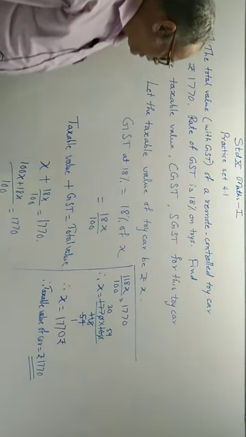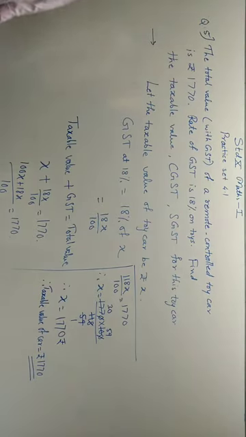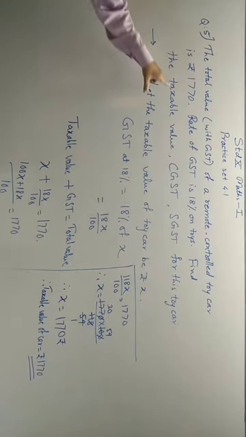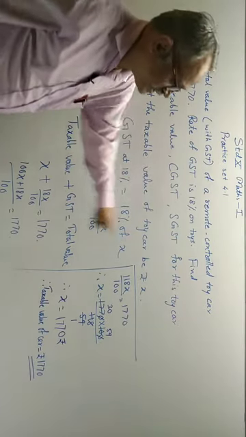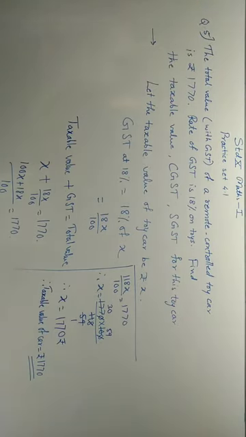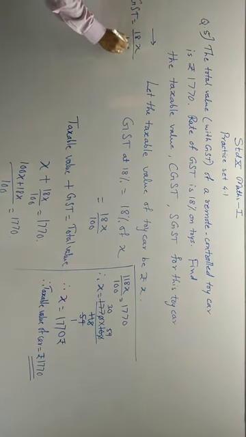Answer is not yet over. We have obtained one answer. Now CGST, SGST remain. Now find first GST. GST is 18x upon 100.